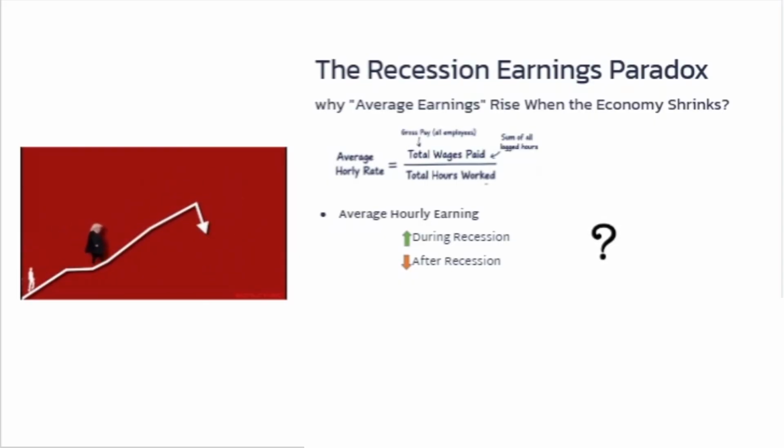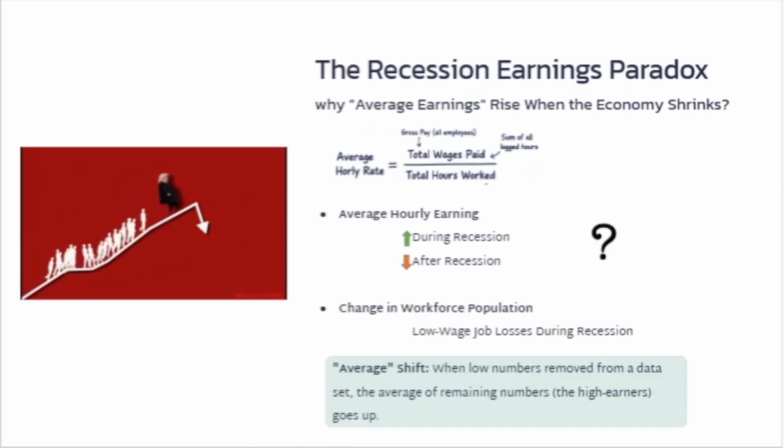What happens here is that during a recession, if you look closely at the data, companies tend to lay off workers with the lowest seniority, who are also the lowest paid employees. This results in the average wage of those left on the payroll going up.